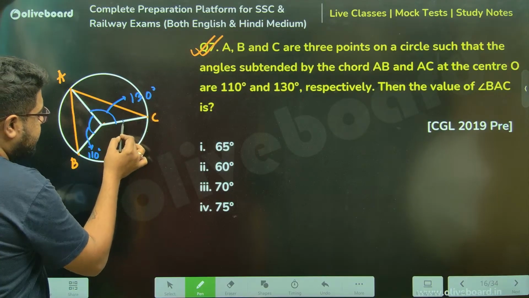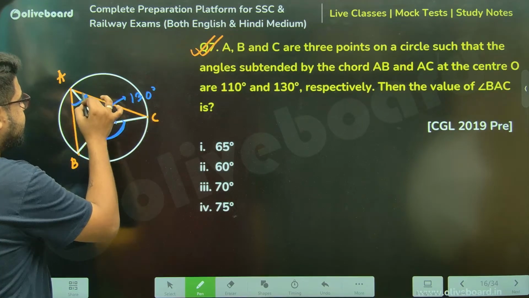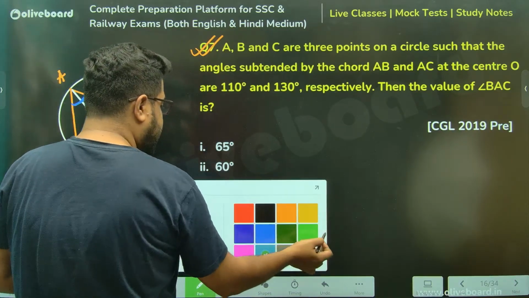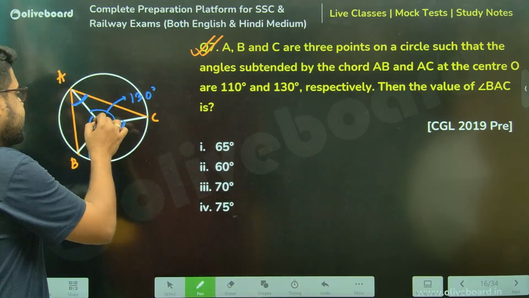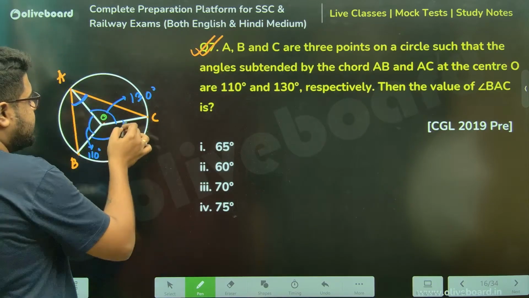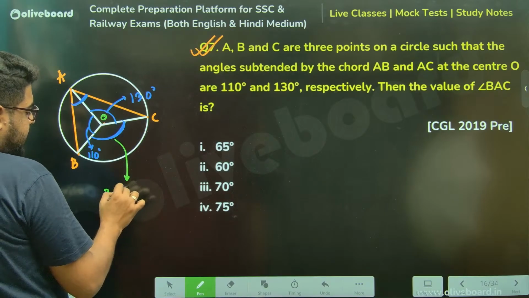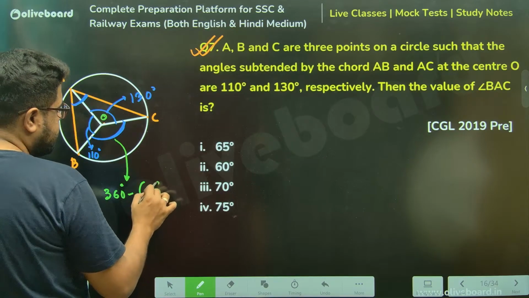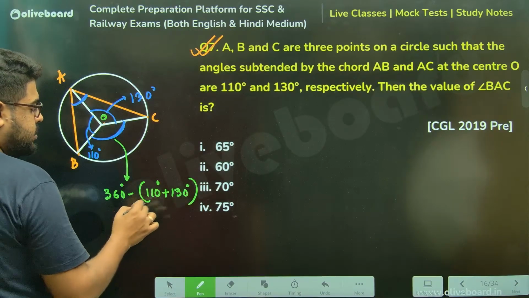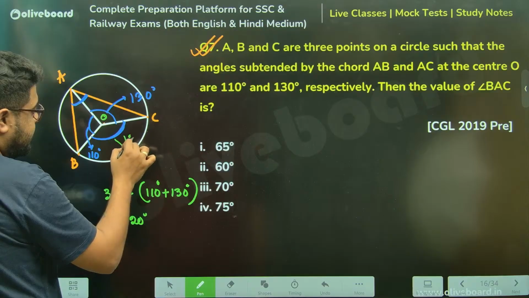Can anyone tell me what this angle is? Because they are asking for angle BAC. So can anyone tell me what the value will be? This is O, BOC. BOC will be the total 360 degrees, and from there you subtract 110 degrees and 130 degrees. So 240 gone, 120 degrees remaining. So this angle is 120 degrees.